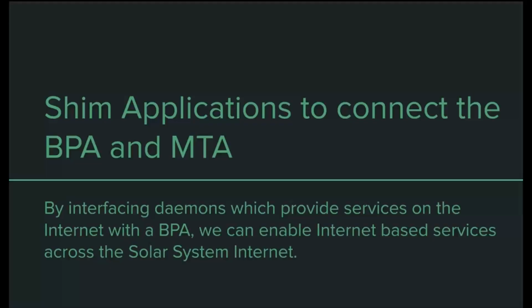That's it for the BPA. Very simple configuration for ION. The shim applications, which connect these two, enable internet, are kind of the Legos that we had to make, as opposed to the Legos we could simply stack together in order to perfect solar system internet mail delivery.